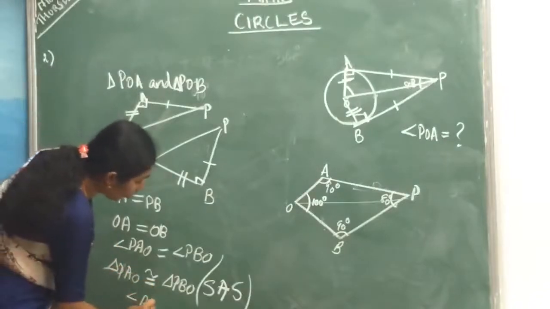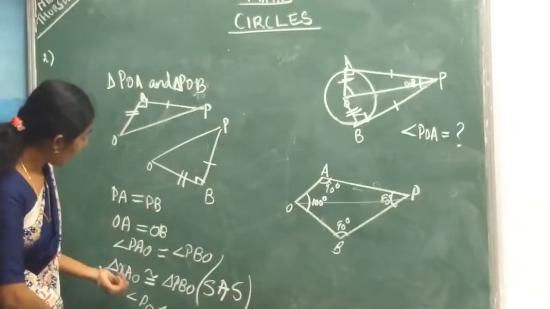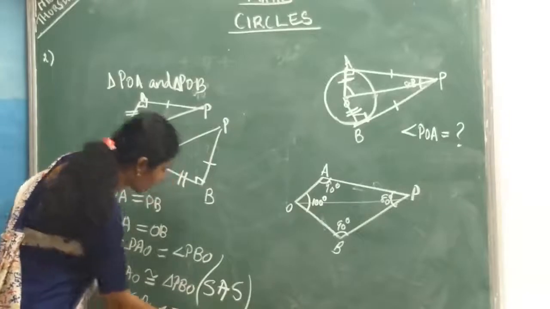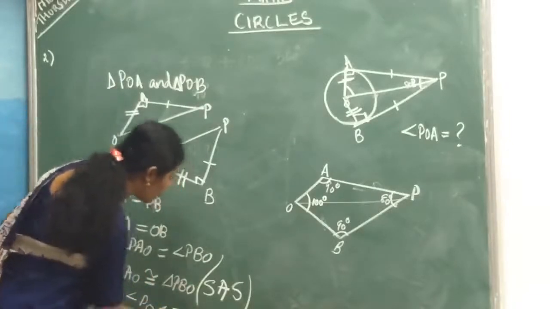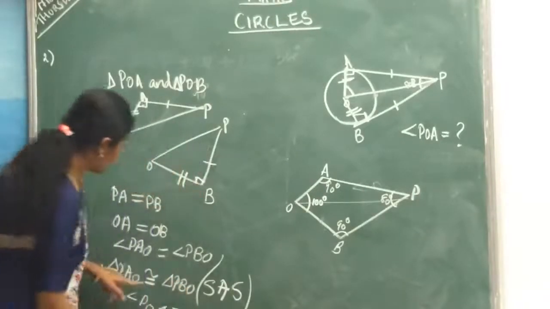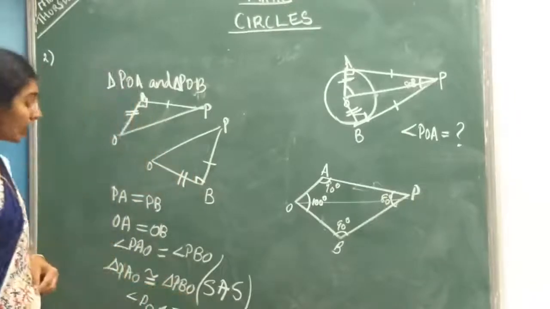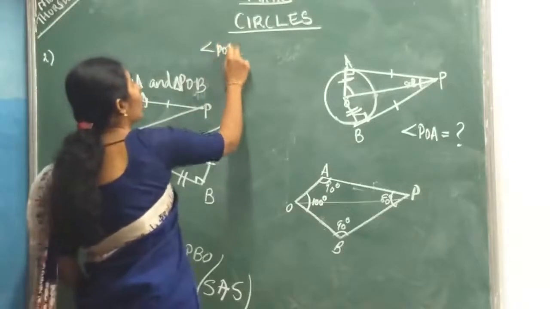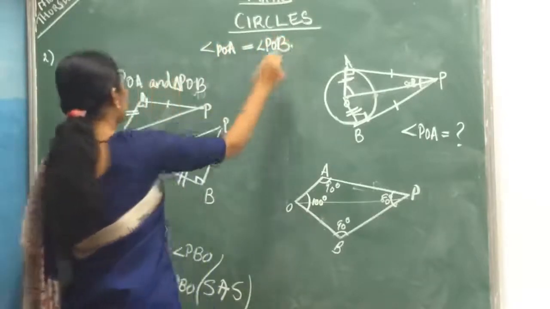So, what can you say? Angle POA is corresponding to which angle? From this triangle, P is corresponding to P, O is corresponding to O, A is corresponding to B. So, what will you get? Angle POA equal to angle POB.